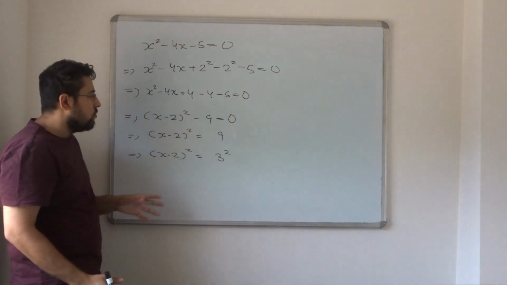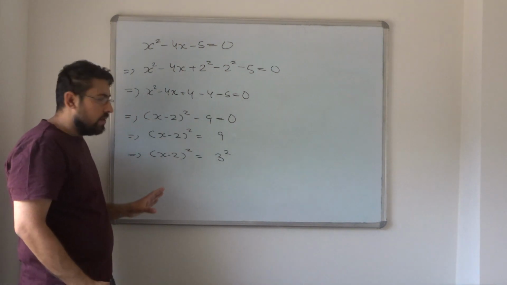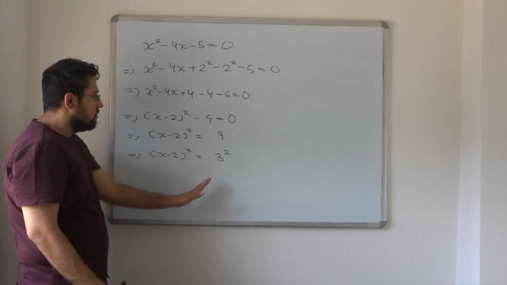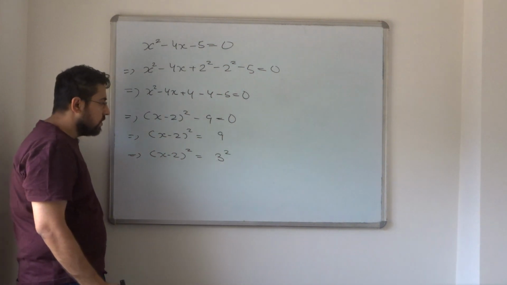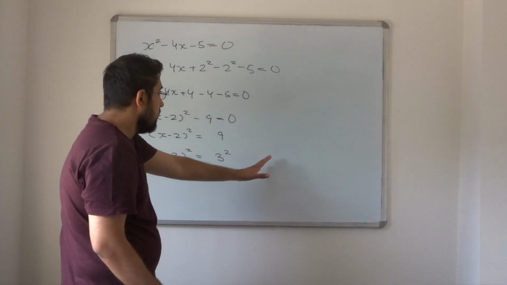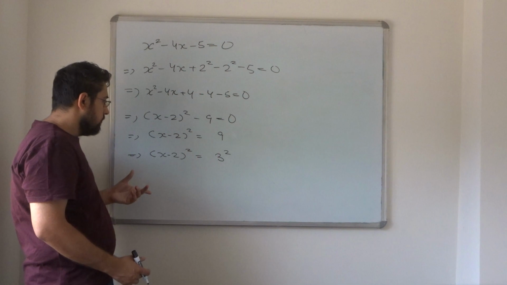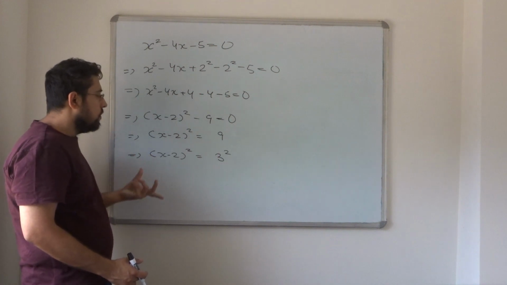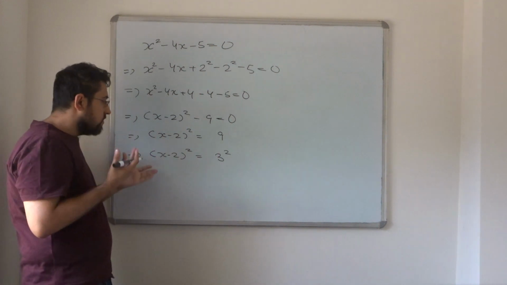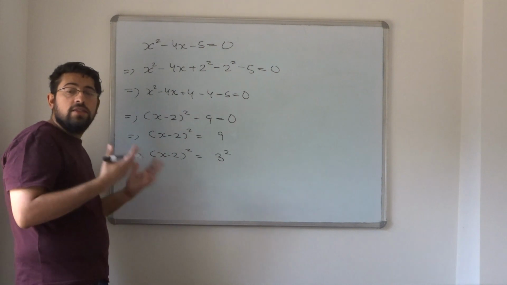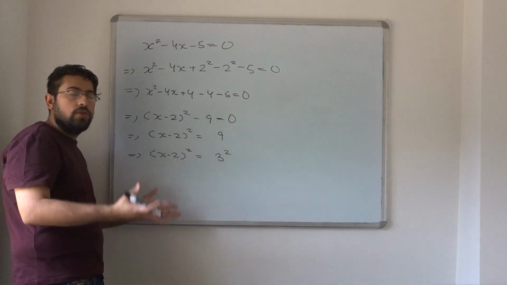I could have taken the square root on both sides already, but I thought why not just show you how this works. So what is the next step here? Remember what I told you, whenever you have a square, you have to cancel out the square. How do you cancel out the square? By taking the square root.